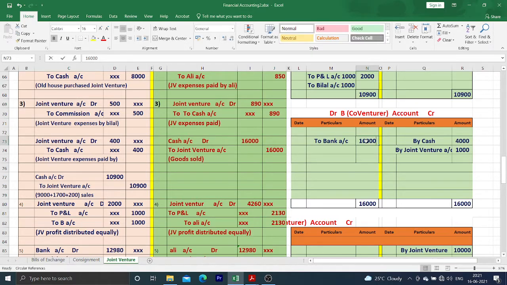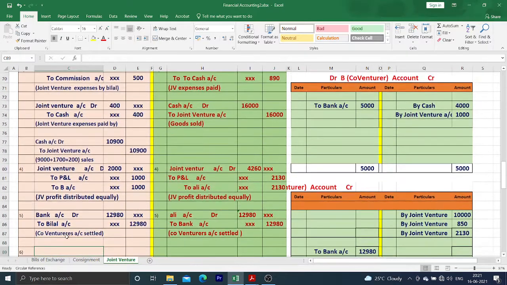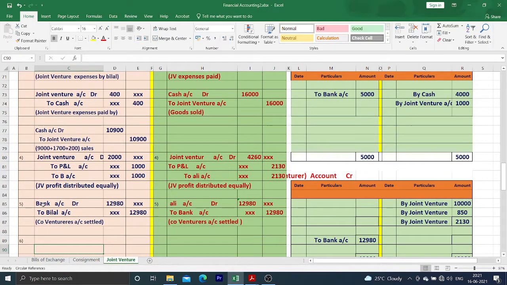Then the payment is 5,000. So we have to pay to B account. B account data to bank account.